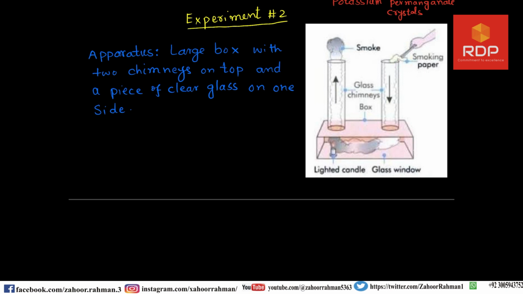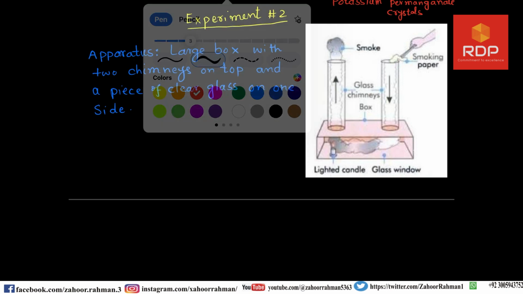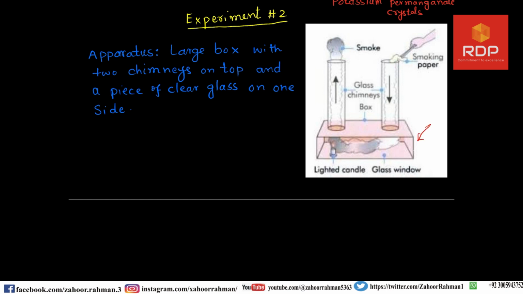This is a box. This is chimney number 1 and this is chimney number 2. So we need these two chimneys in a box, and that box will be of glass, and those chimneys are on the top of the glass.